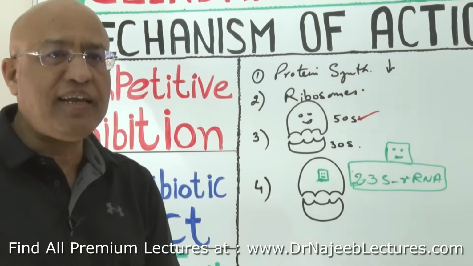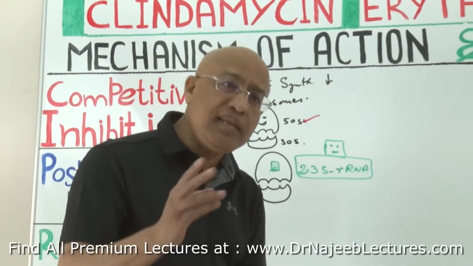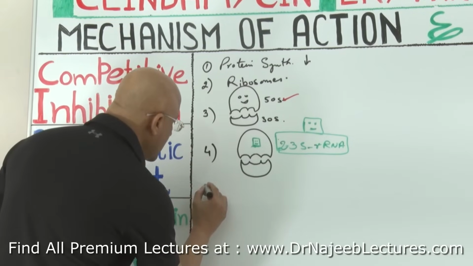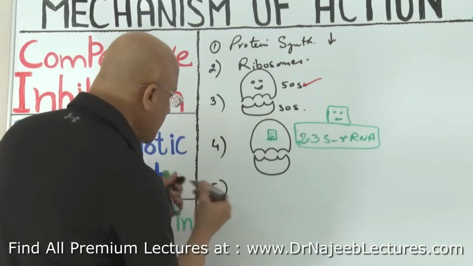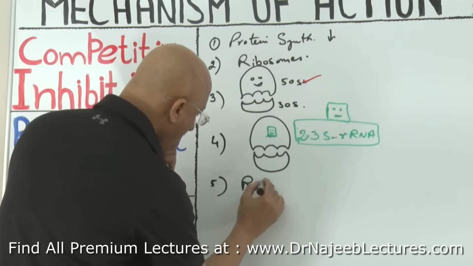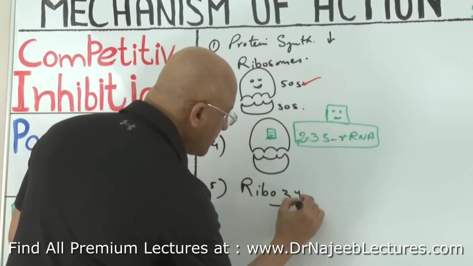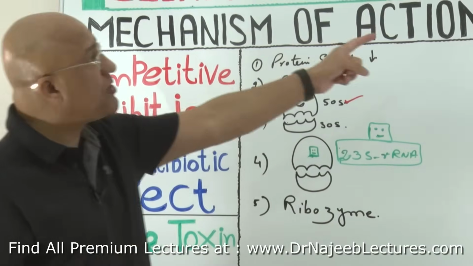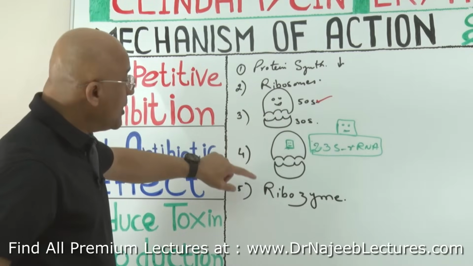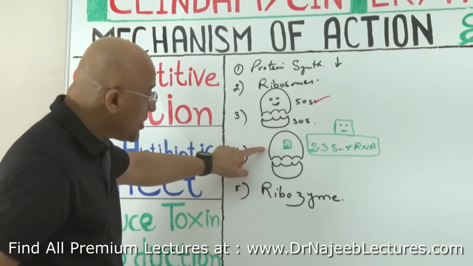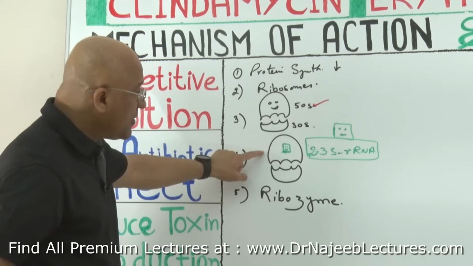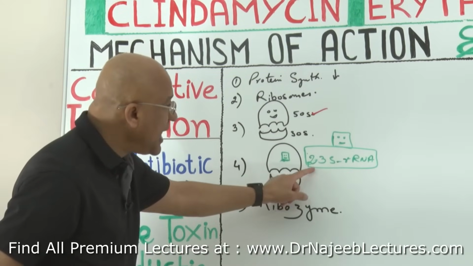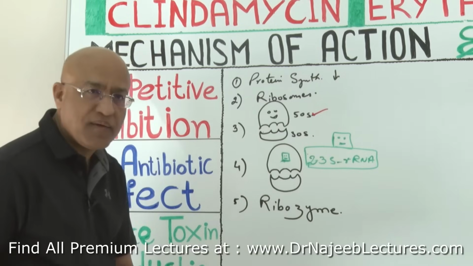Because this catalytic activity is in the ribosomal RNA, it is called a ribozyme. So what is it called? Ribozyme. So we can say that all three of these drugs work on the 50S subunit, especially on the ribozyme, which is actually 23S ribosomal RNA.